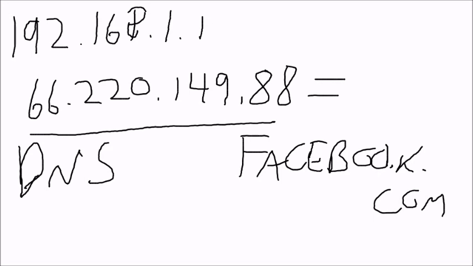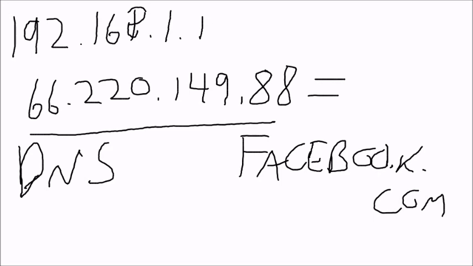And it sends that message out on the local network. As we discussed before, the router sees that message and it says, hey, I'm 192.168.1, not 66.220.149. So I'm going to take that message and send it out to the next router, out the WAN connection, the Wide Area Network connection.